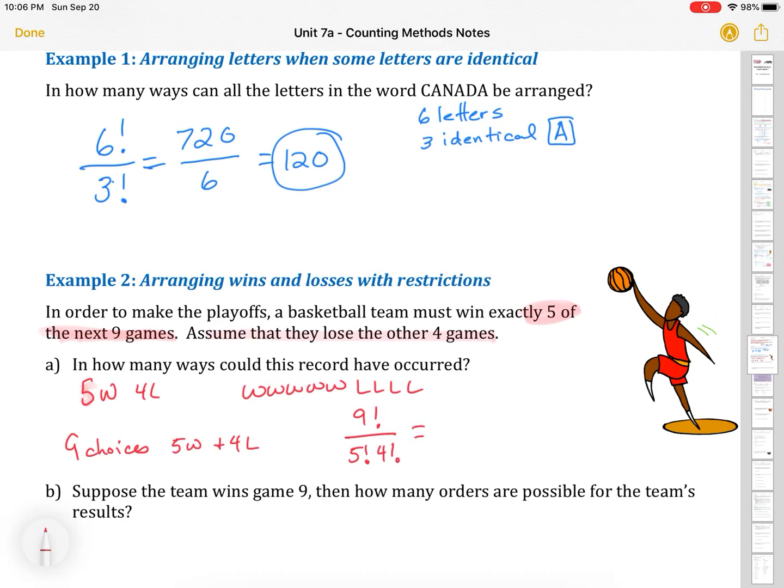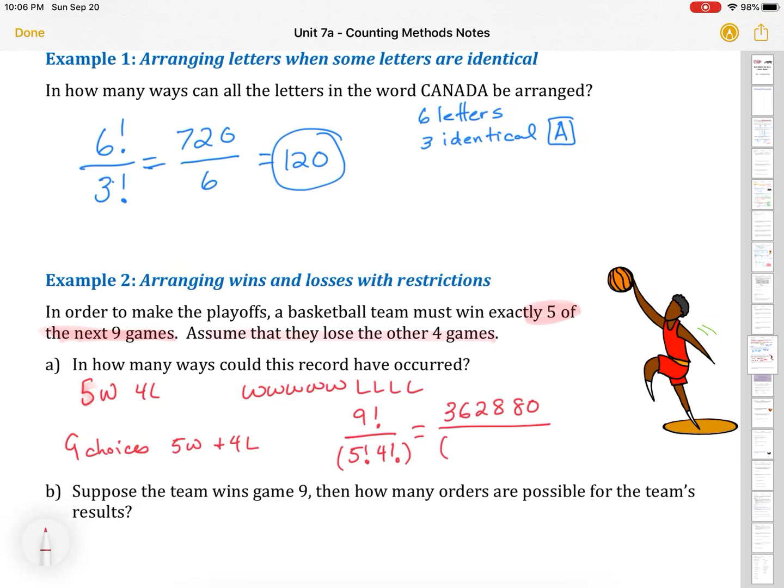So using our formula, it's going to be 9 factorial divided by 5 factorial times 4 factorial. And you can put that whole thing in your calculator, or you can figure out what each of them are equivalent to. I'm going to do it in pieces because then it's easier to check if you're getting it right.